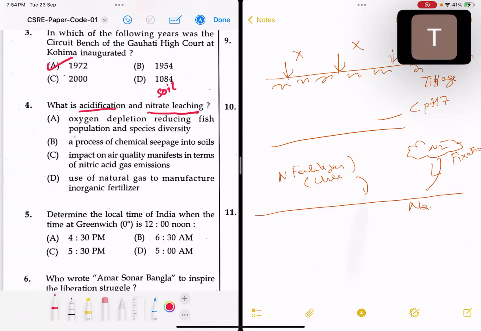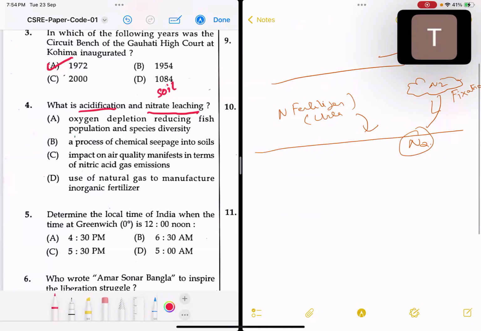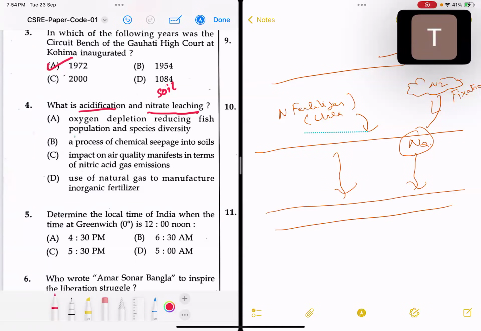So when excess urea is applied to the soil, the nitrogen content in the soil increases, okay? Sometimes it so happens that the nitrogen present in the soil will seep through the soil. Instead of just remaining at the upper portion of the soil, it seeps down and enters the groundwater, okay? So this is what is known as nitrate leaching, okay? So the correct option in this case will be B, the second option, a process of chemical seepage into the soil, okay?